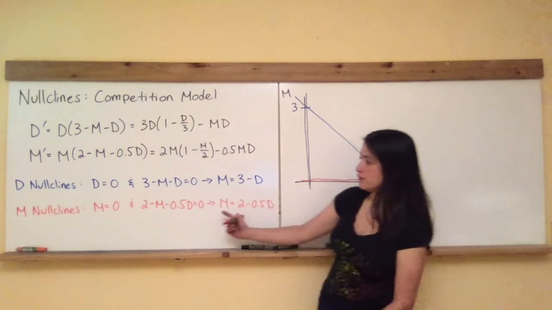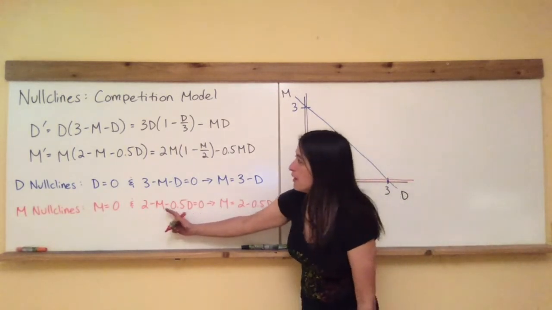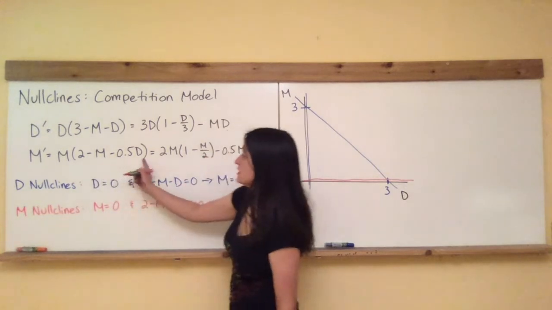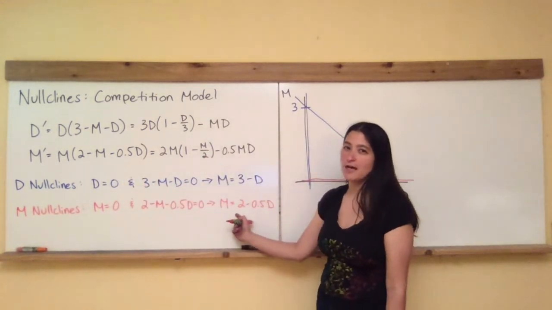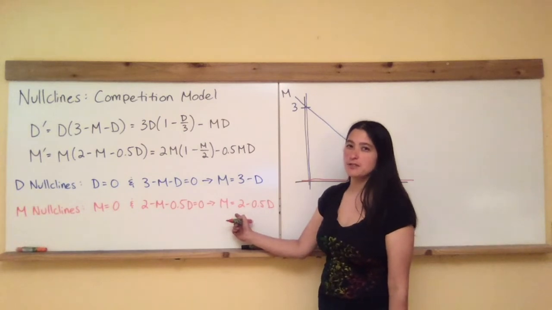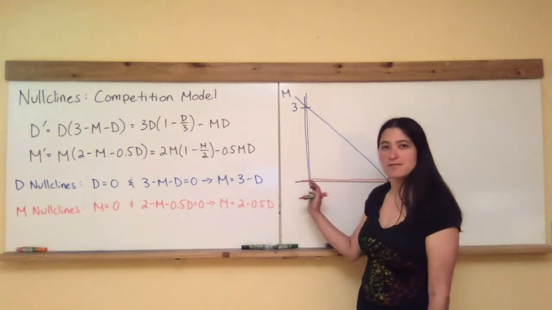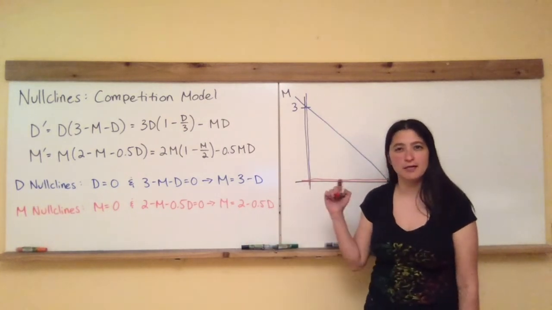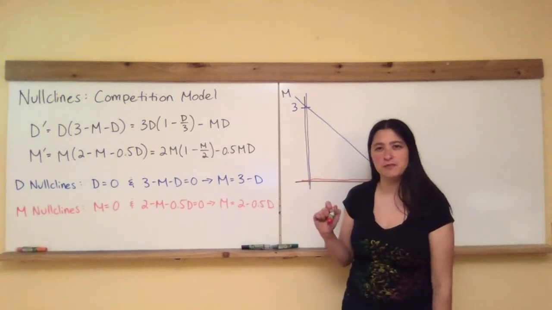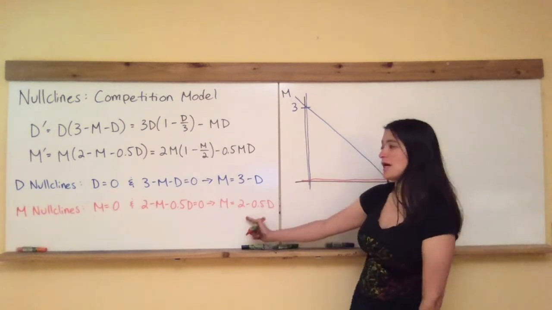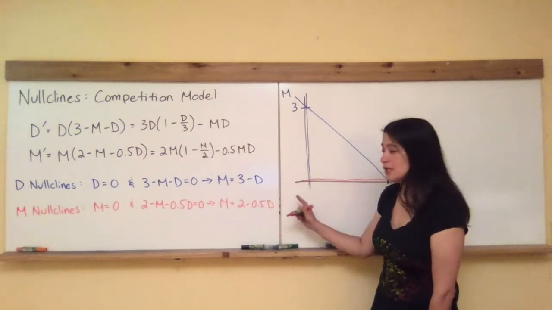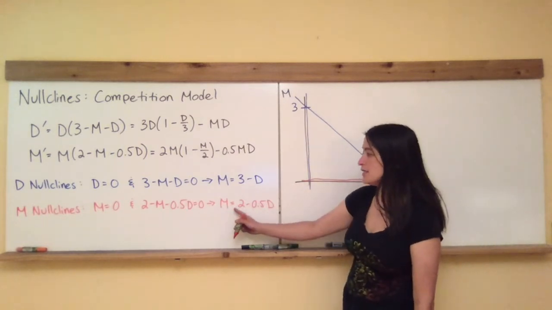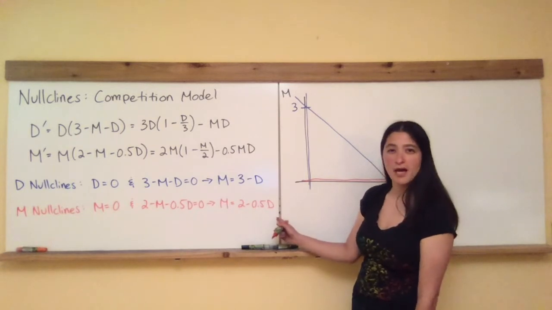And then you'll notice that although setting the equation equal to 0 gives me this statement, I like to solve it in terms of the vertical axis variable. That way I can think about it in terms of y equals mx plus b from my past. And so that's why I solved it for M, because M is on the vertical axis. So it's like drawing y equals 2 minus 0.5x.